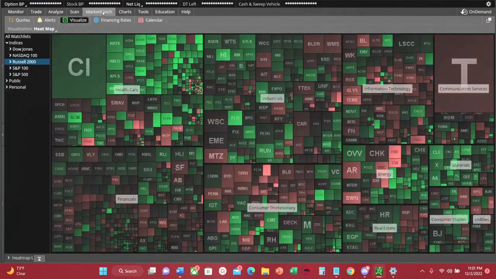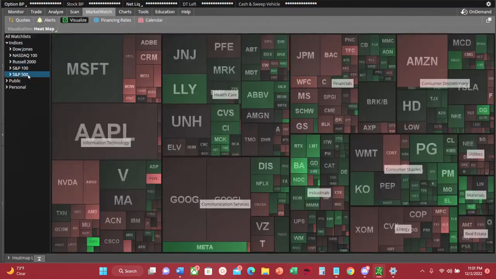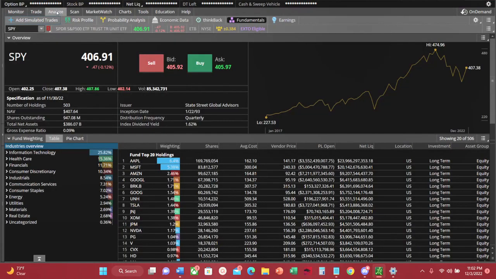Here I can show you what the weights of SPY are, and I'll show you what the weights of NASDAQ also look like. So here's SPY. You see Apple, Microsoft, big red boxes. I guess they were a little red today. Well, this one's green. And then Amazon is number 3, and you can't really tell because Google's a big weight here. But you go down here, go down to Analyze, SPY, and those are the weights.